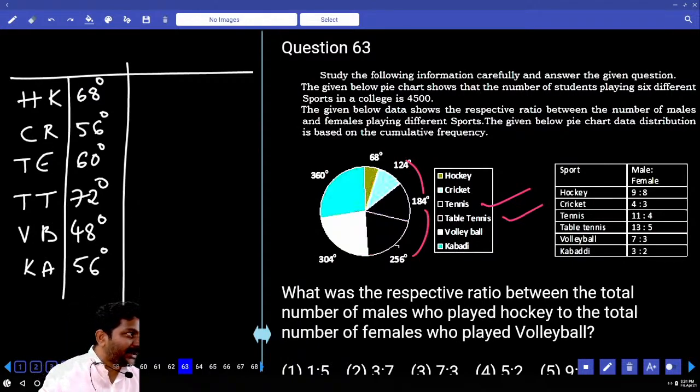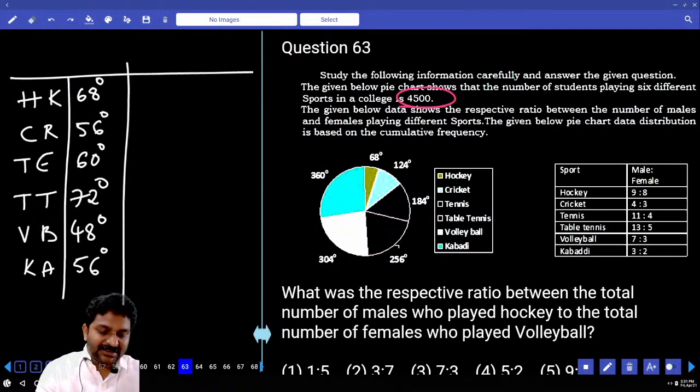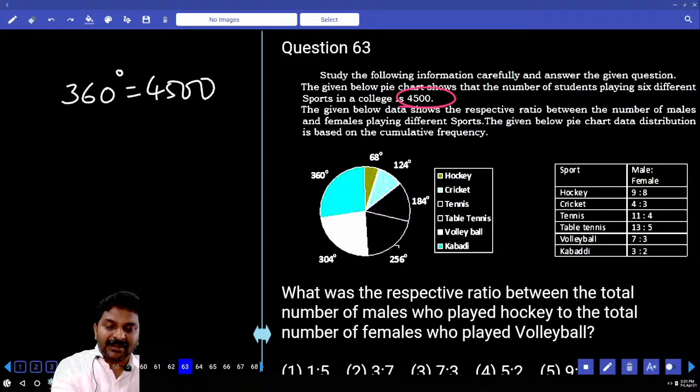Cumulative meaning, right? So now you know that 100% value is equal to 4000. In 4500, forget about 0 for some time. See, now what I want is, when you know that 360 degrees is equal to 4500, first value is 68 degrees only.